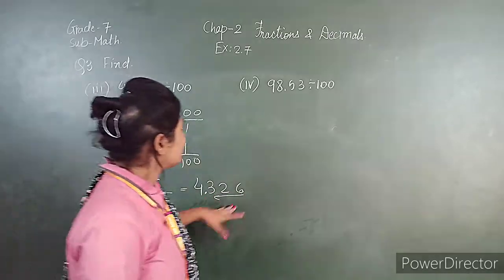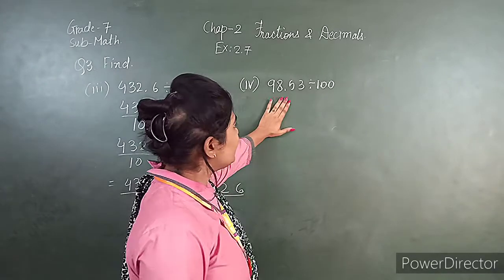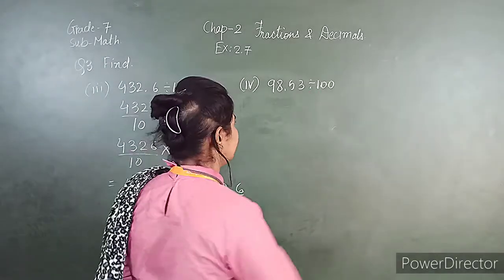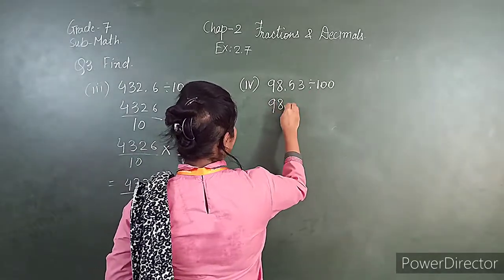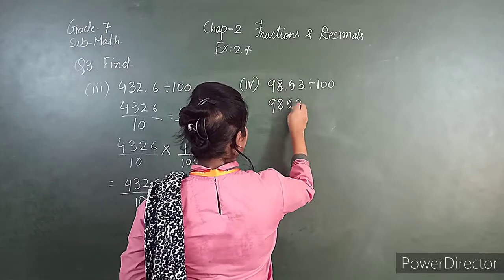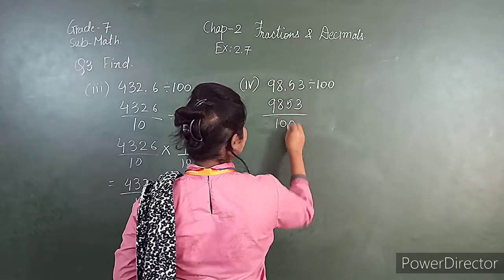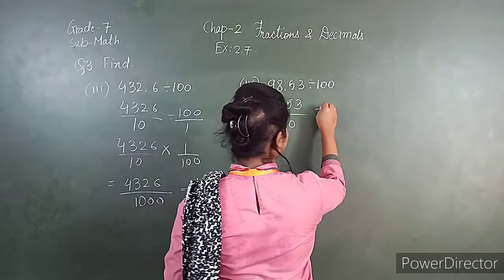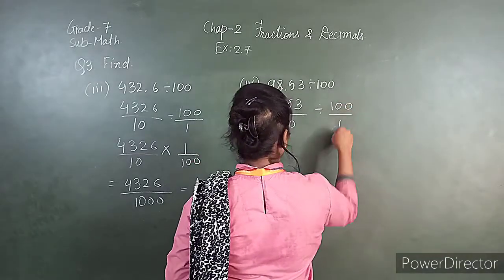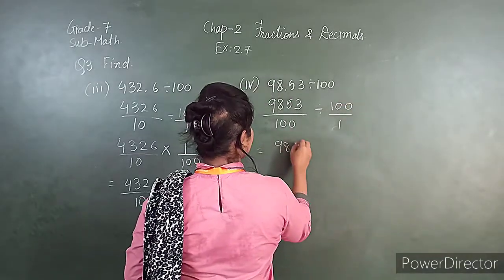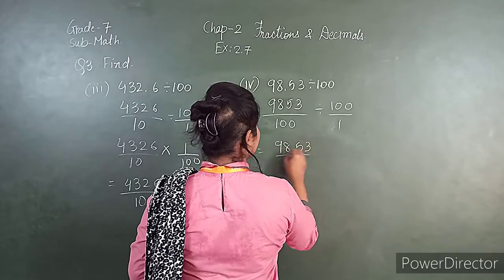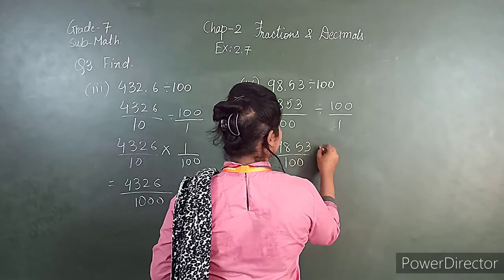4.326. Next number, 98.53 divided by 100. So after the point 2 digits are there, so we have to write 100 in the denominator, divided by 100 upon 1. Now 9853 divided by 100.